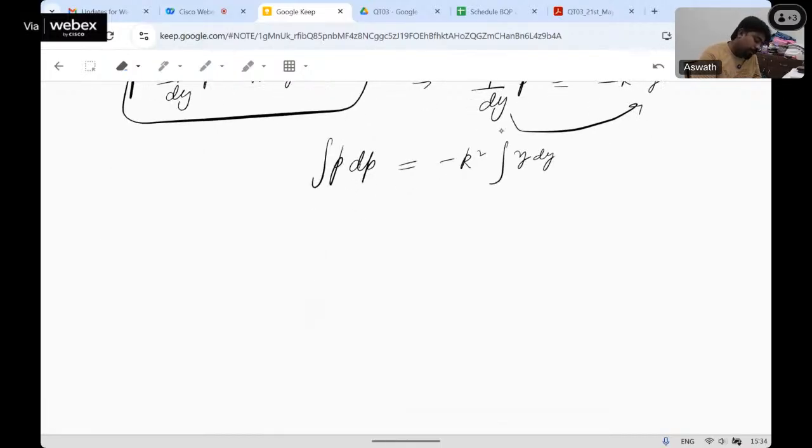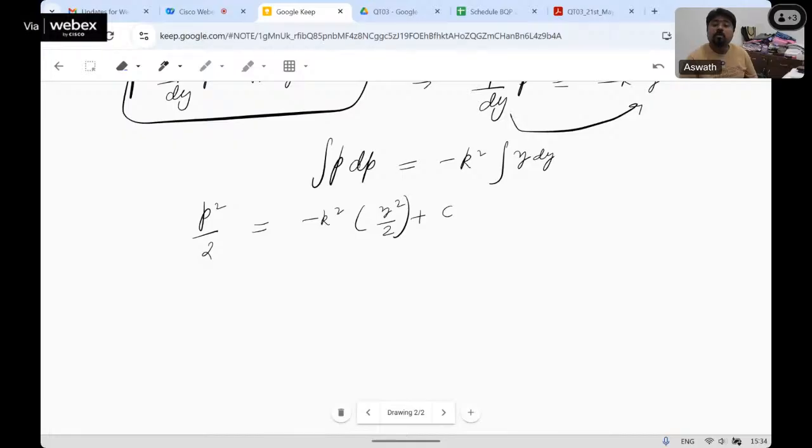On the left hand side I get p square by 2. On the right hand side I have minus k square into y square by 2, plus some constant. We should add that constant because we have not substituted specific limits.